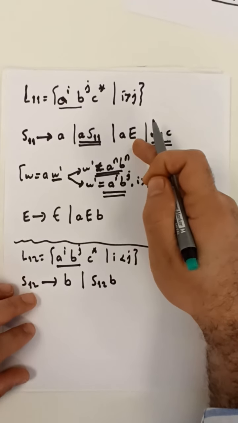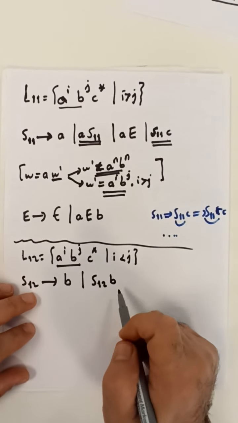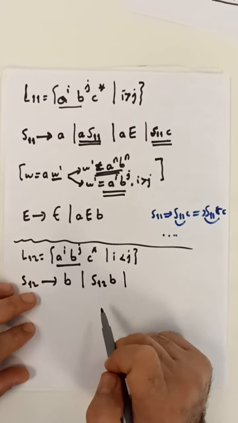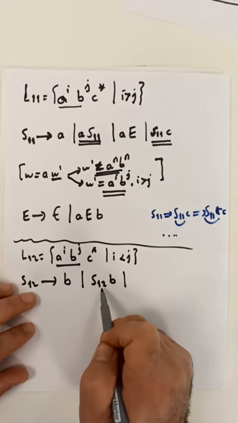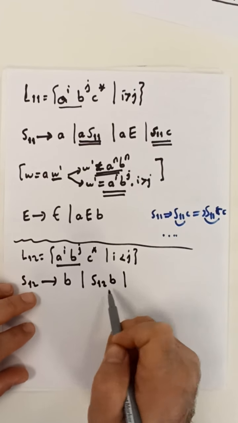But similar to the discussion here, this is not the only way to have such a string. It could be the case that the string ends with B, but we have here a string with an equal number of A's and B's.